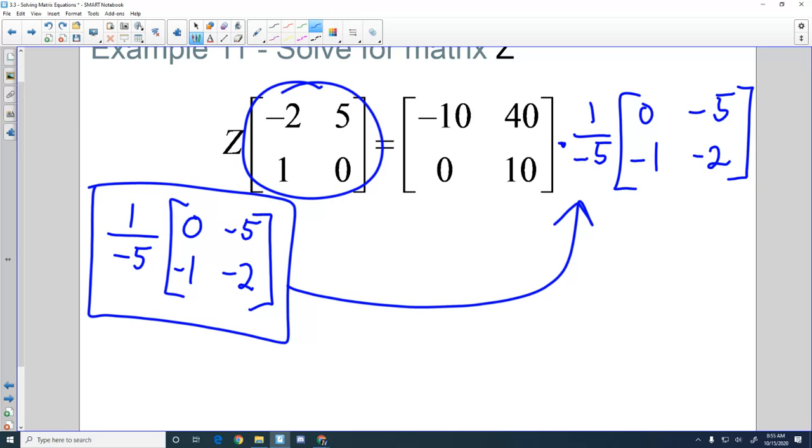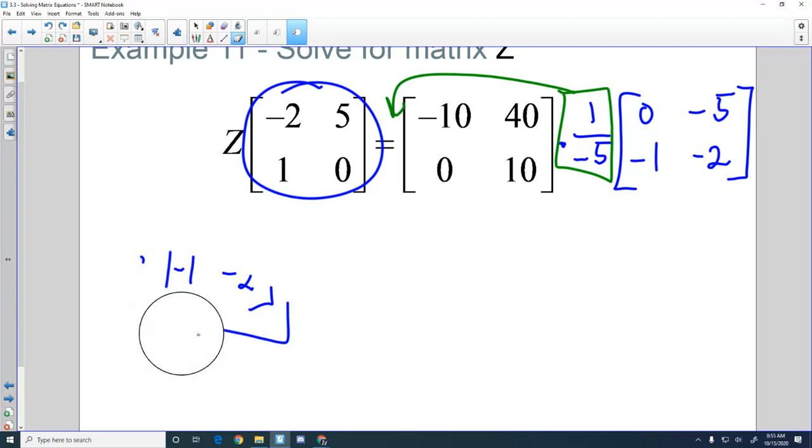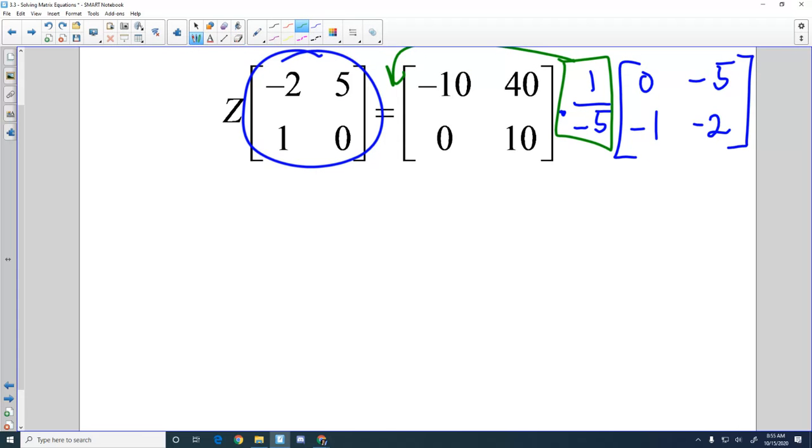So because the negative 1/5 is a scalar quantity, we are allowed to move this out in front. And so the actual calculations that we're doing is going to be just multiplying those two matrices on the right.